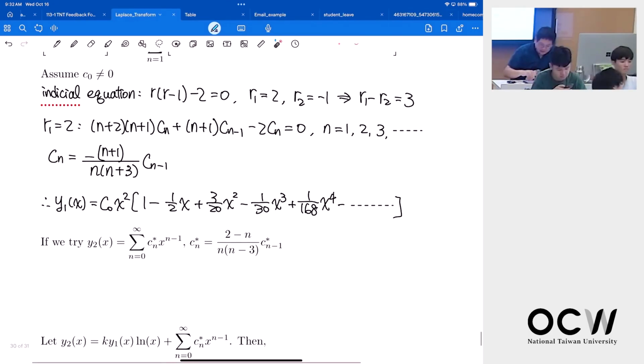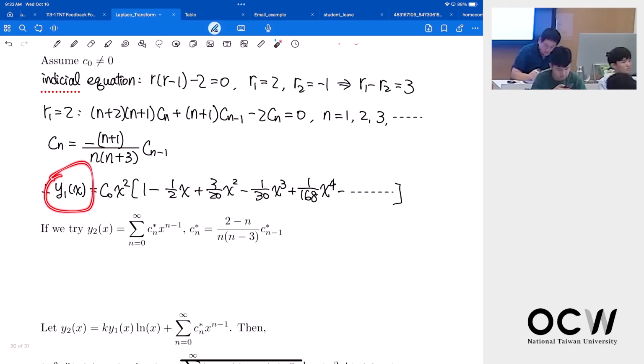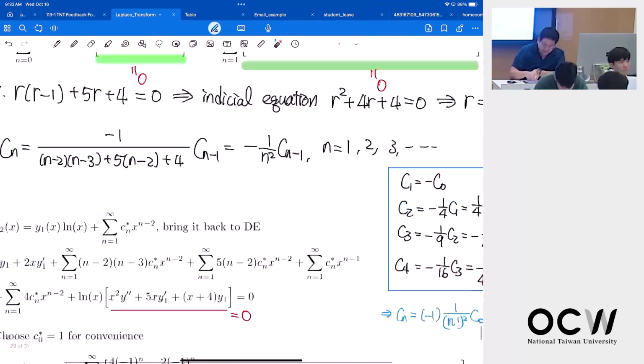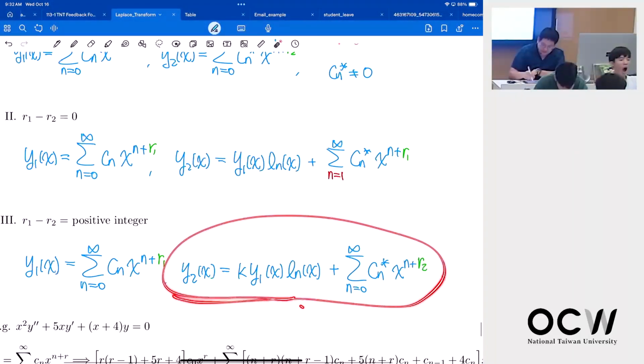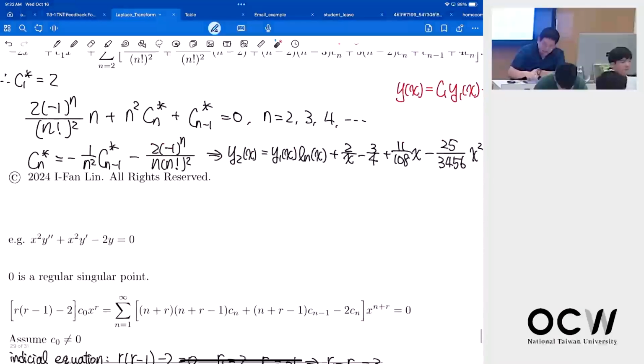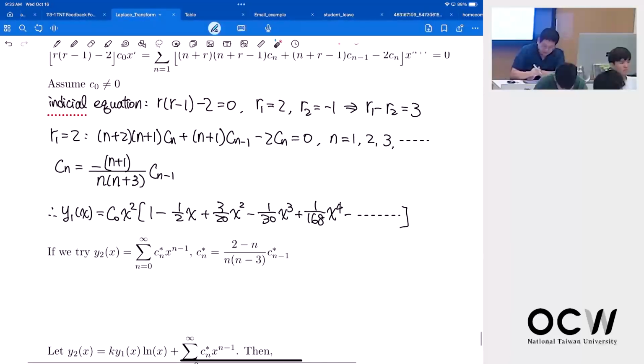Right, now once we have y1, we need to figure out y2. This example will show us why we should have this expression. If we don't have that expression, first we think of y2 as this series, this summation. You can find that cn star has this relationship with cn minus 1 star.